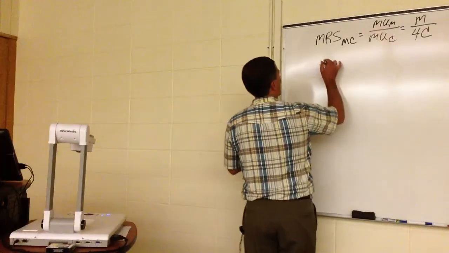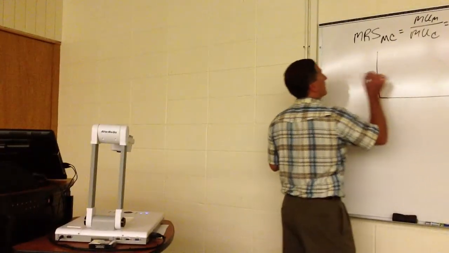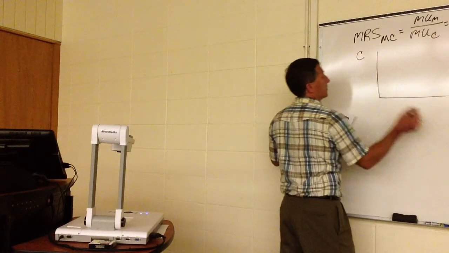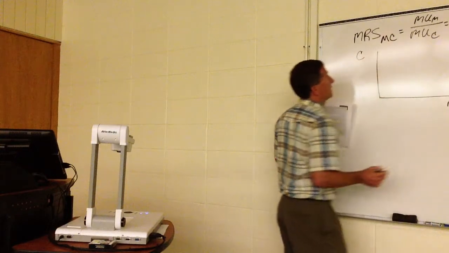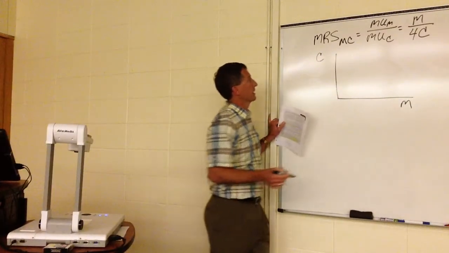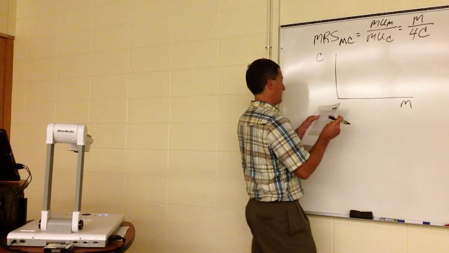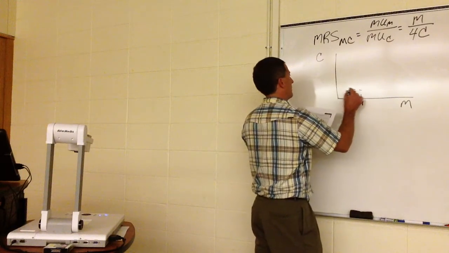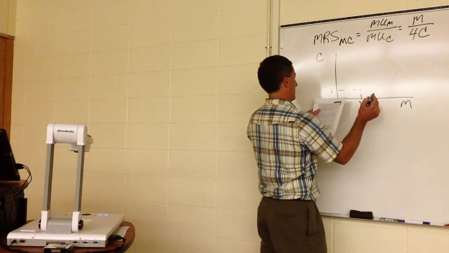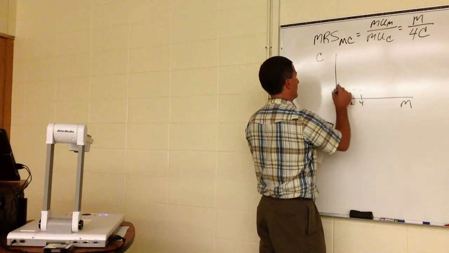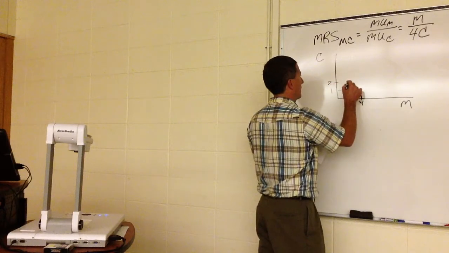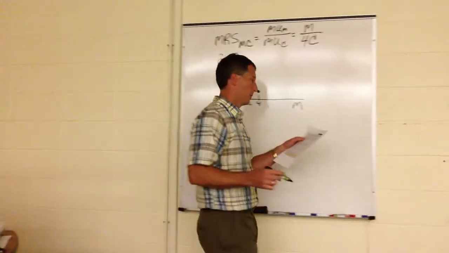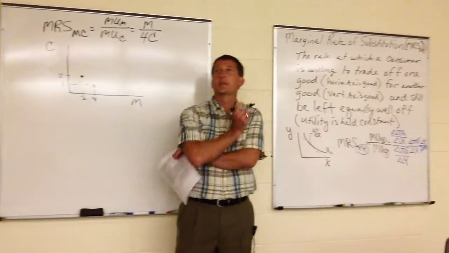So imagine we've got our music here, concert tickets there. We've got a bundle of 4 and 1 and 2 and 2. Those 2 points. Would those bundles be on the same indifference curve?